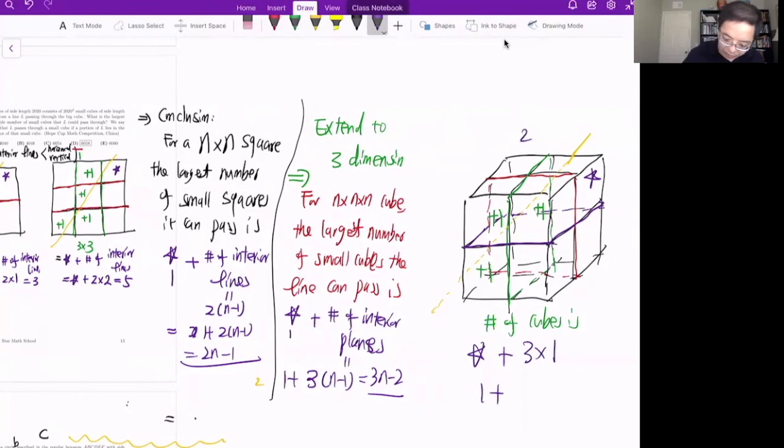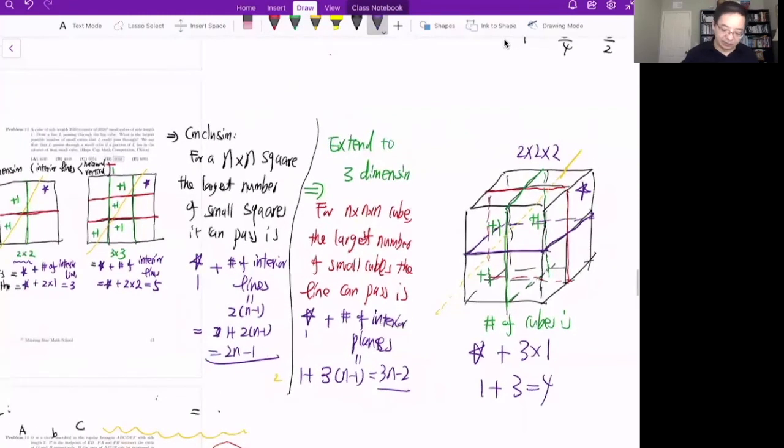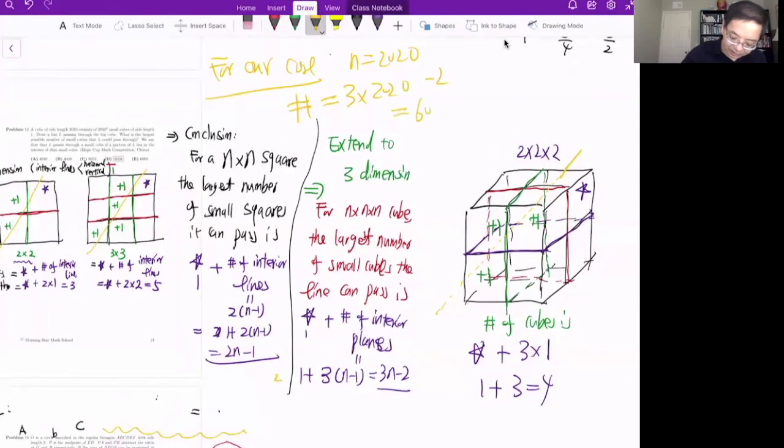This is the 2 times 2 times 2. For our specific case, n equals 2020. We apply the formula: 3 times 2020 minus 2. That's 6060 minus 2, which is 6058. This is the largest number.